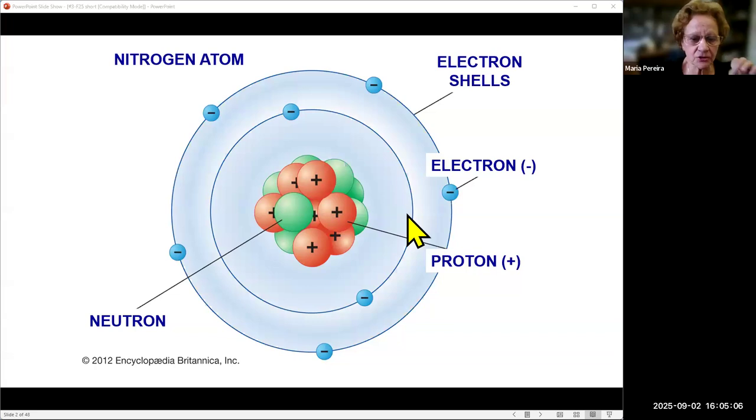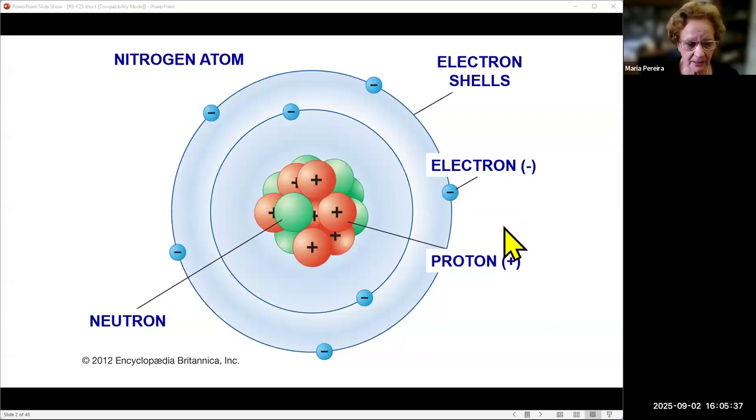And there's only a certain number of electrons that are present in different what we call shells. So the first shell that is the closest to the nucleus of the atom can only hold 2 electrons. And this is a rule. Then the next shell can hold up to 8 electrons. Here you only see 1, 2, 3, 4, 5.